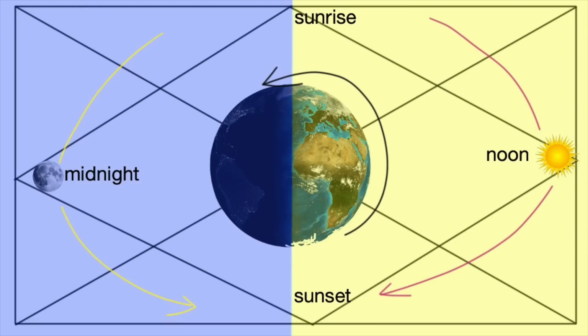Okay, so now we come to the direction, as you see there. The sunrise therefore happens in the east, noon happens in the southern direction, and sunset happens in the west. So east and west are dictated basically, as we see, by sunrise and sunset, but the earth is actually rotating in the opposite direction.